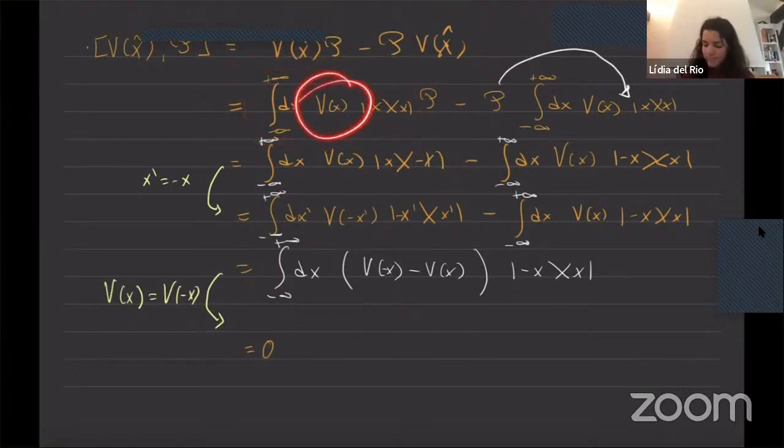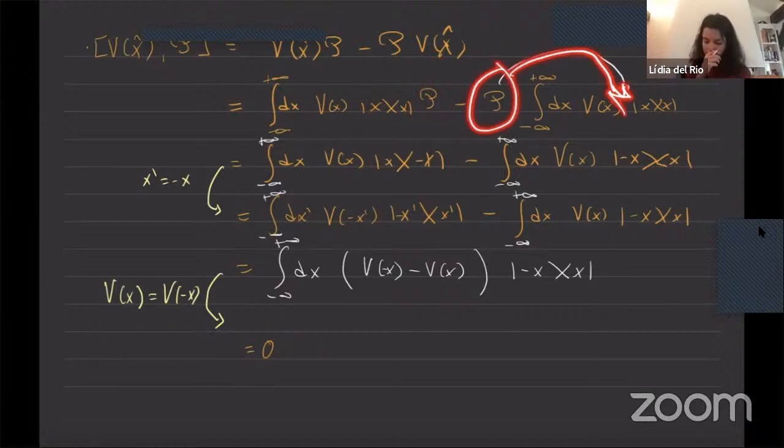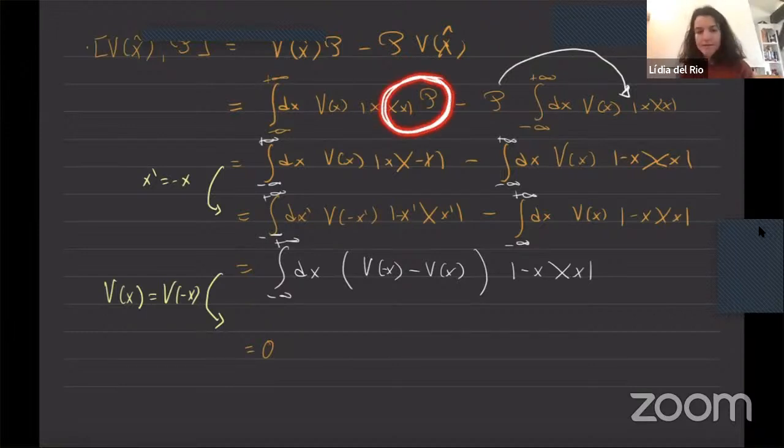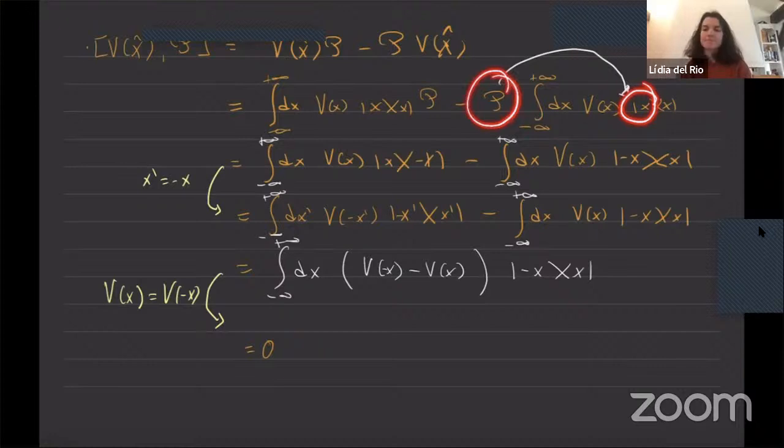Great. Here's the parity. The parity here can go inside the integral. This v of x is just a number. Good. So then parity acting on this bra gives us minus x, and the parity acting there gives us minus x. Perfect.